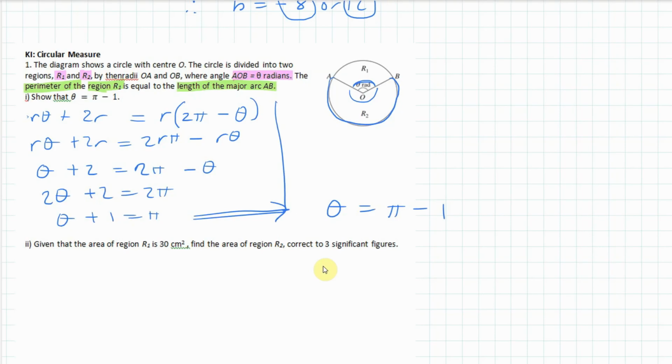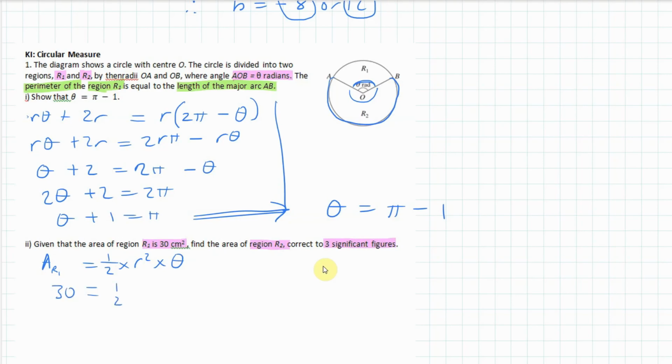Okay, now the next part of the question says, given that the region R1 is 30 centimeters squared, find the area of R2 correct to 3 significant figures. Well, what we'll do here is we know that the area of R1 is half times R squared times theta. And we've been told the area is 30.